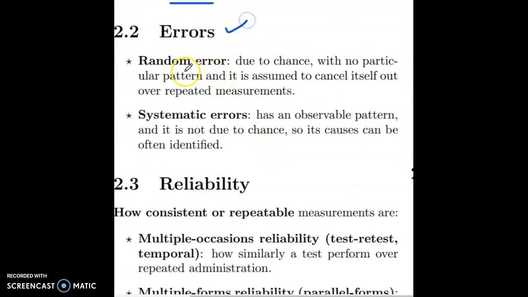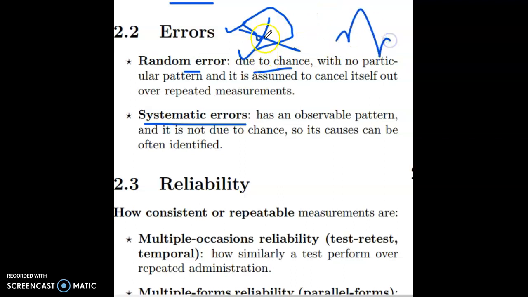Errors: random error and systematic error. Random error is due to chance with no particular pattern, and it is assumed to cancel itself out over repeated measurements.